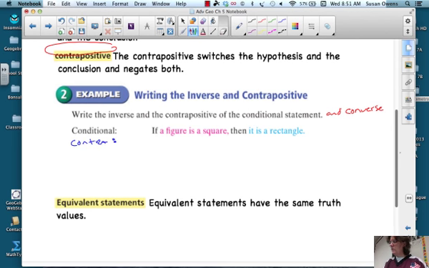Okay, so conditional, first I'm going to do the contrapositive. So the contrapositive is when I switch the hypothesis and conclusion and I negate them both. So if a figure is not a rectangle, then it is not a square.